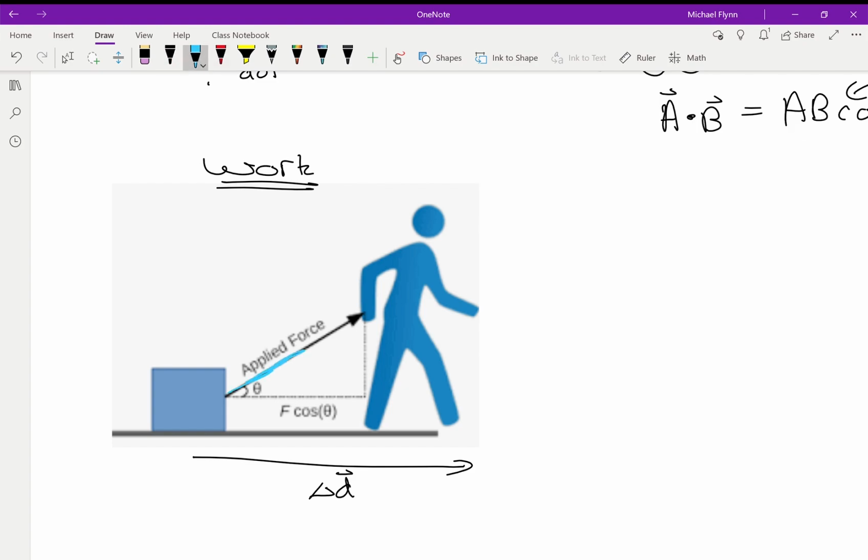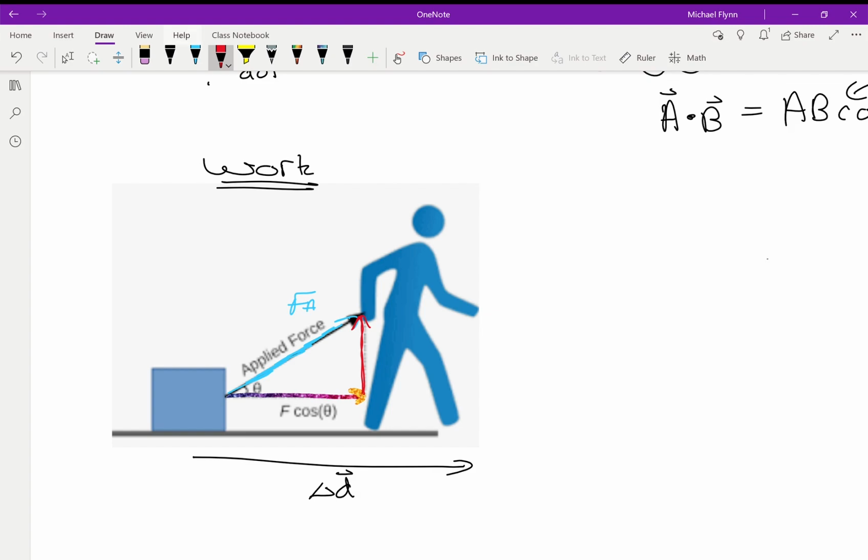That's the applied force that he's doing. So he's pulling, so he is doing physical work, okay? And there are two components to this force. There's this rainbow one here, okay? And there is another component, I'll color it red, like that.